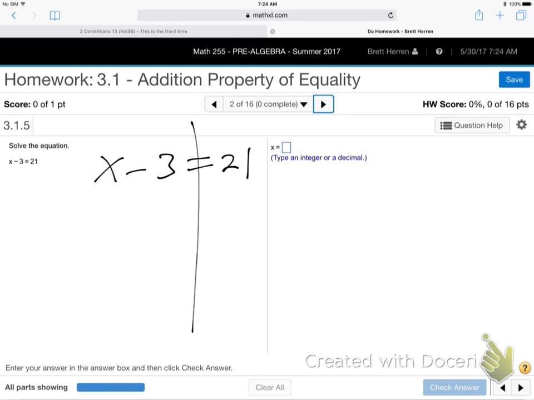All right, so how do we get x alone? Got to do the opposite of whatever's next to x, right? What's the opposite of the minus 3?